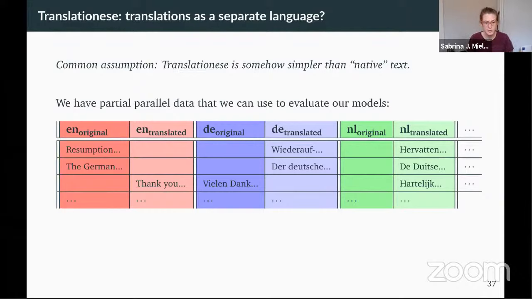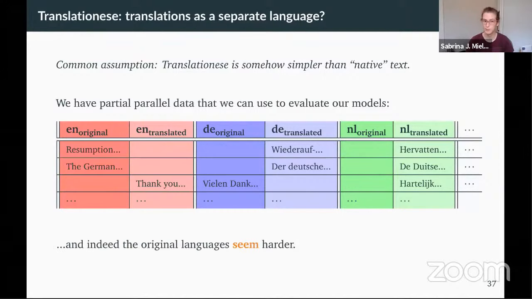So what we can do is model all the things in this matrix. That is, train a language model for each language in this matrix, and then test it on the test set of each language in this matrix. And that should give us difficulties for all of the now 42 languages, 21 original ones and 21 translated ones.